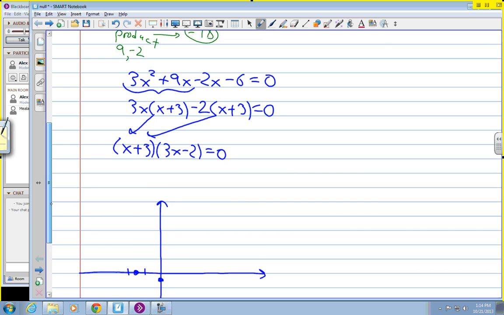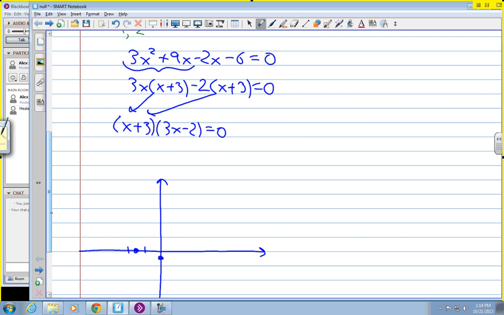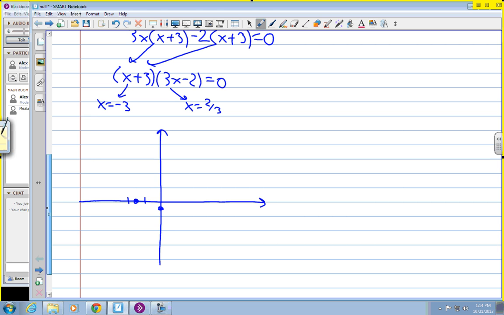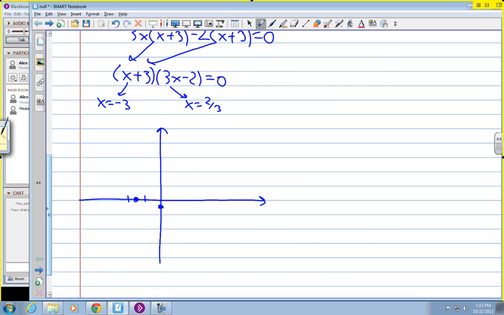You could use the quadratic formula, of course, to solve this equation, but if you factor, then you can see that x equals negative 3, and you solve that one, x equals 2/3. Is that okay? You should be able to factor these, but if you're stuck on factoring, use the quadratic formula.